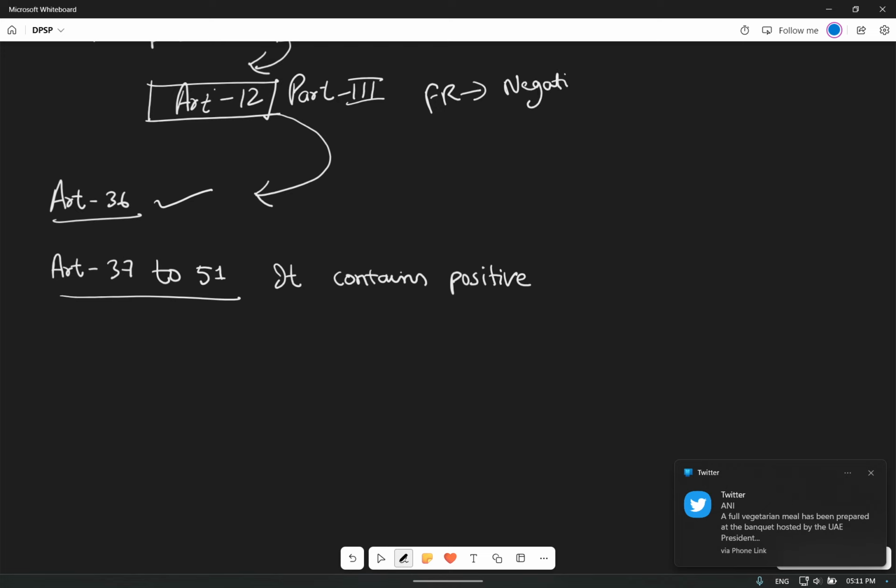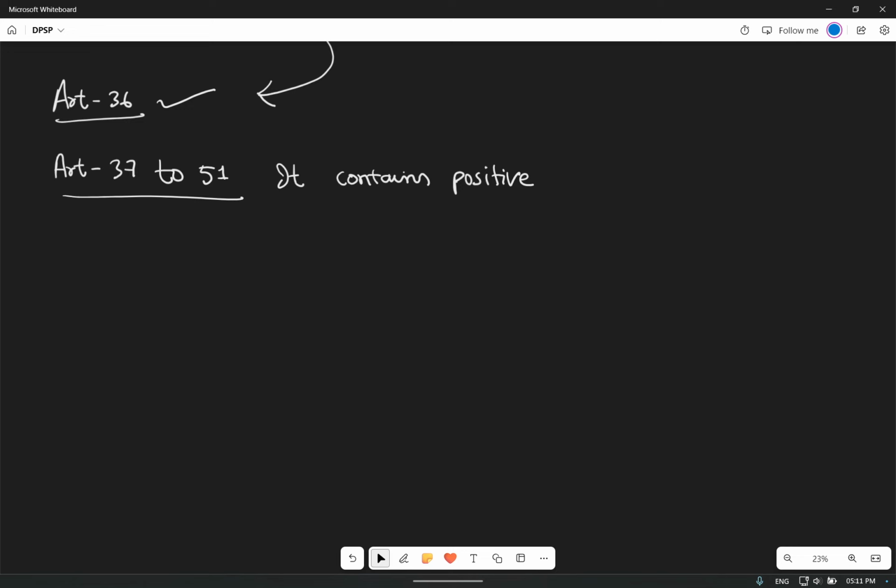It was negative obligation that a state must not do, a state cannot do, things like that were given. But this DPSP contains the positive obligations of the state.